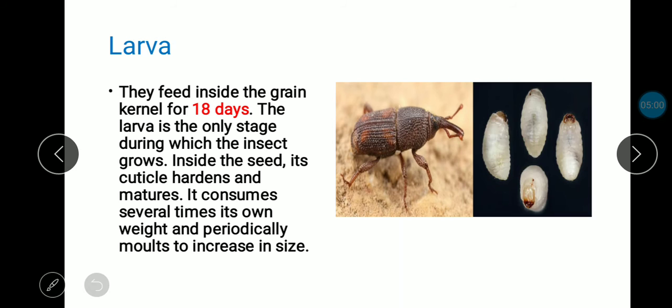Means the larva is a voracious feeder. It feeds a large quantity and shows continuous molting. The different stages of larva can be observed in this diagram. After feeding, it becomes larger and larger in size. Each time it shows a molting.